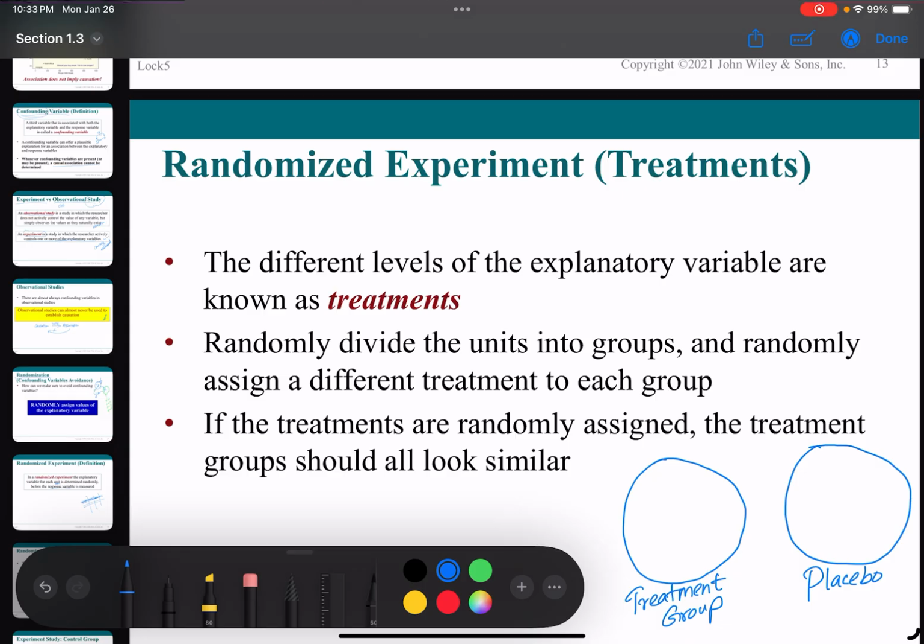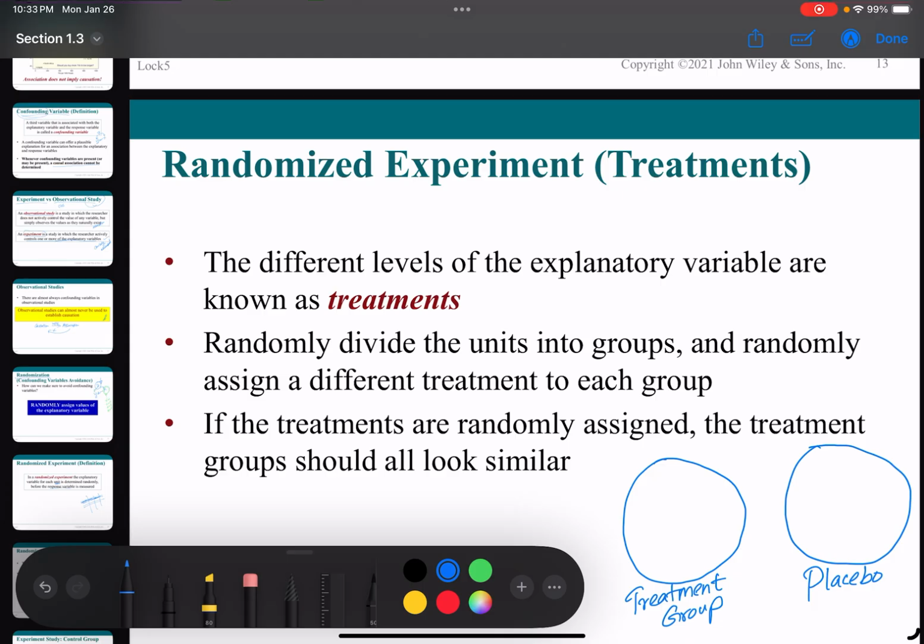But the placebo group, we don't give the actual treatment, because in reality, when we need to compare something, we need to have at least two things. Something we change, the other thing we do not change, so that we can compare. That's the purpose here. That's why we use a placebo: the group that is not treated.